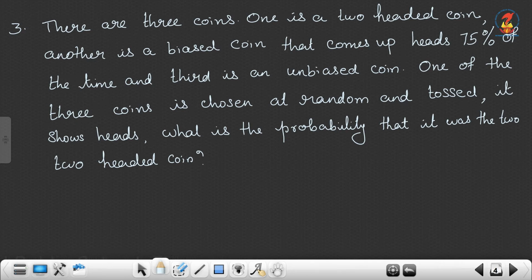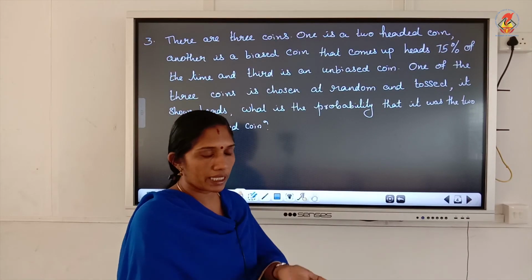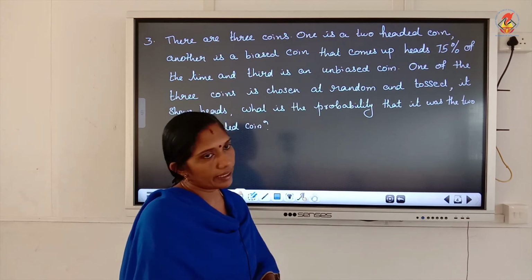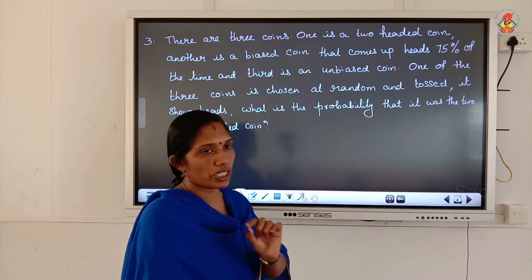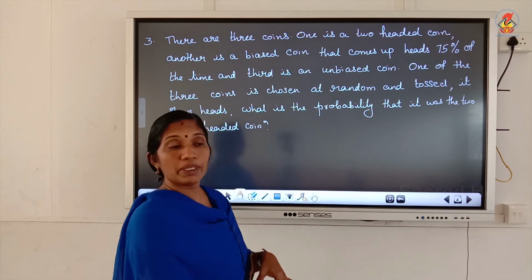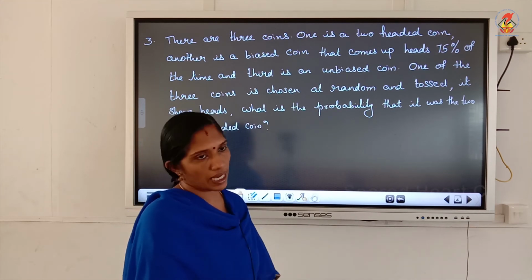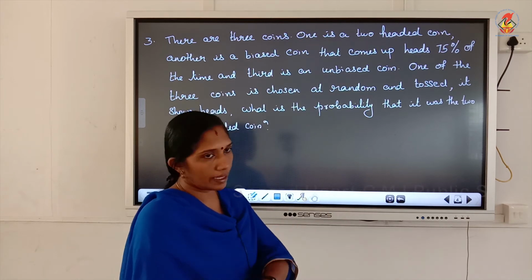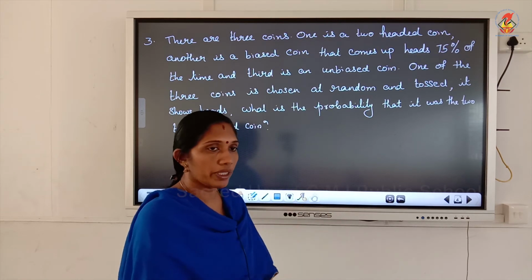Unbiased means equal chances for getting head and tail. That is 1 by 2, 1 by 2. One side is head, one side is tail. So equal chances for occurring head and tail. So probability of each is 1 by 2. Biased means it is not like that, not equal chances. Maybe getting head is more than tail or getting tail is more than head, like that.